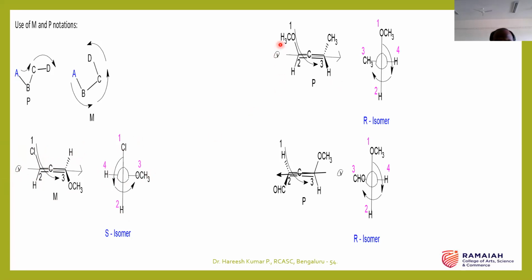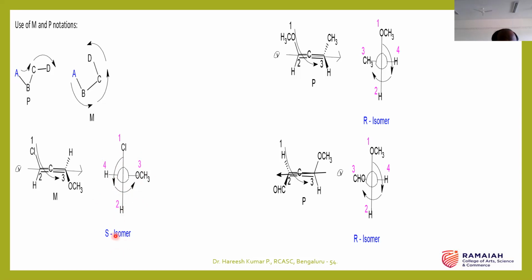OCH3 is this one. Once you know that the nearer groups take priority, this is 1, this is 2, and between these two, this takes 3. That means it is moving in an anti-clockwise direction.